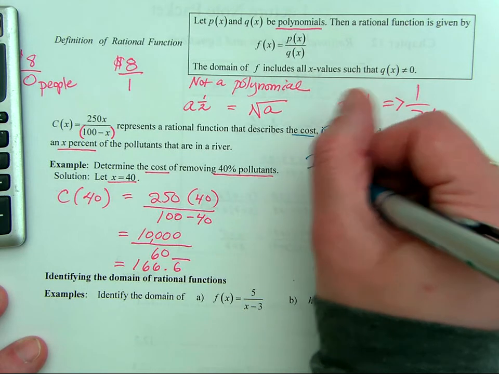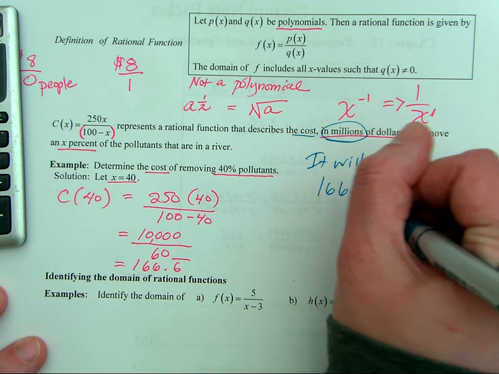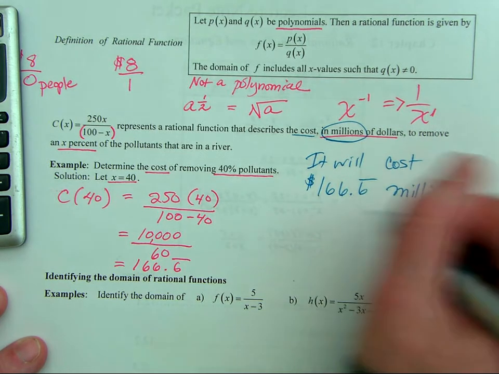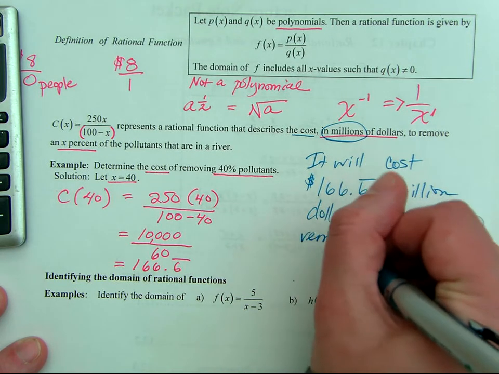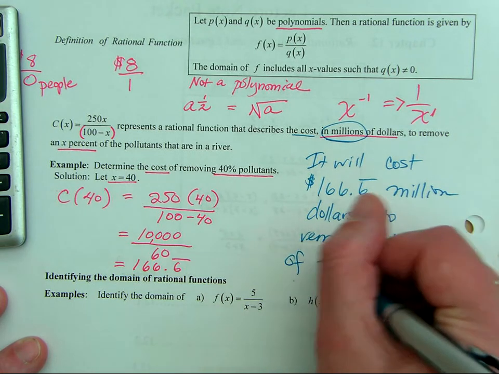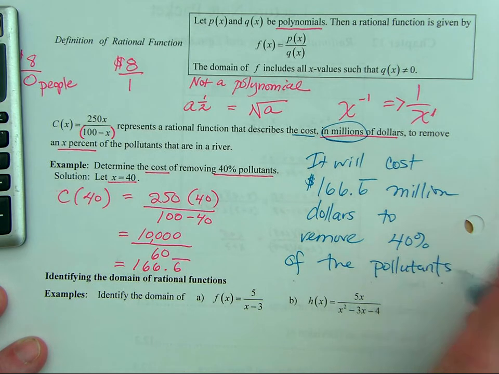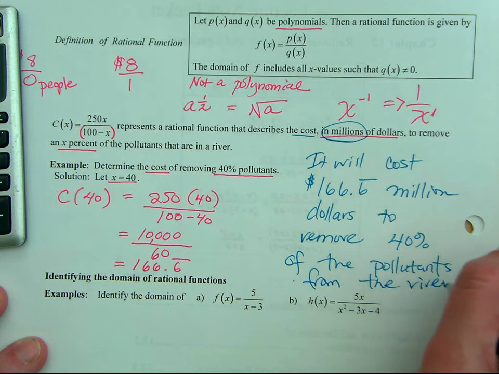So it will cost $166.6 million to remove 40% of the pollutants from the river. Okay.